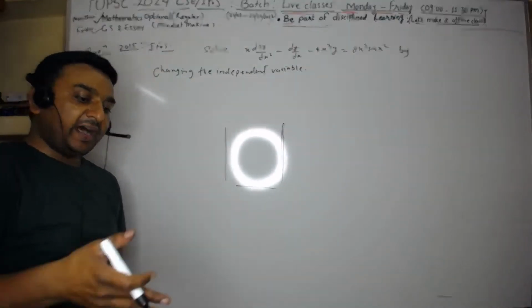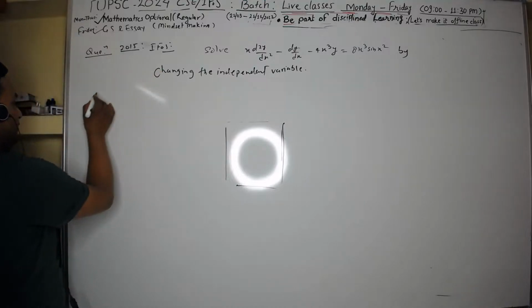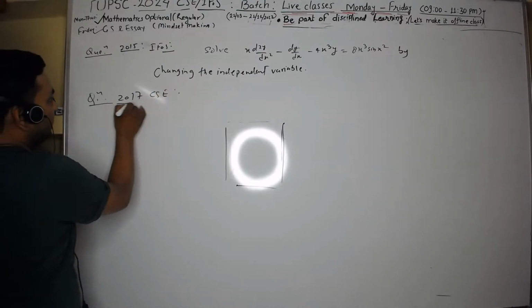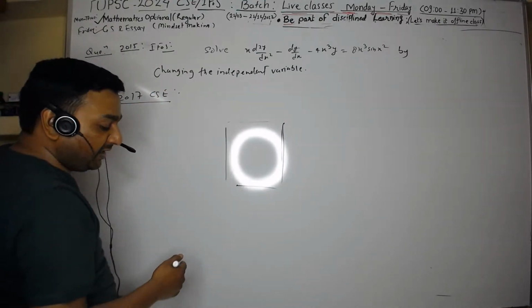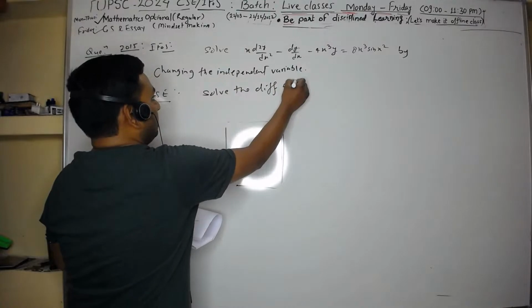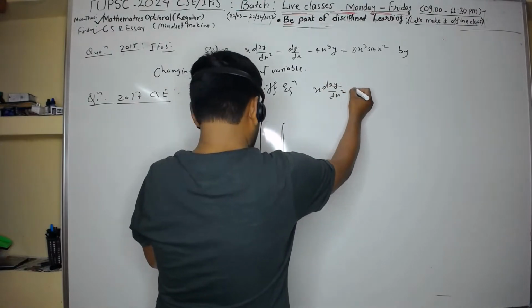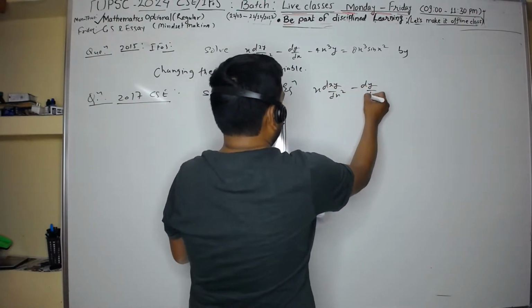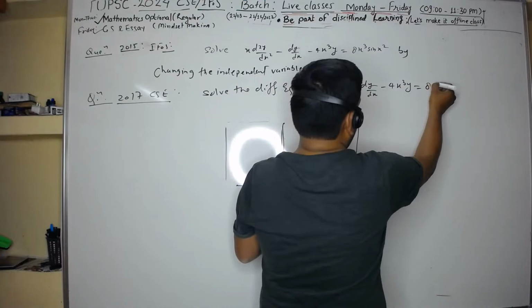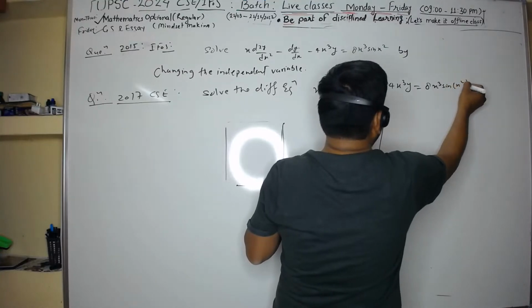Sundaram, they asked in the question itself what method you have to follow, right? This question they ask again, देखना, 2017 CSE, they asked the question in what manner? Let's write. They asked solve the differential equation x d2y over dx square minus dy over dx minus 4x cube y equals 8x cube sin x square.